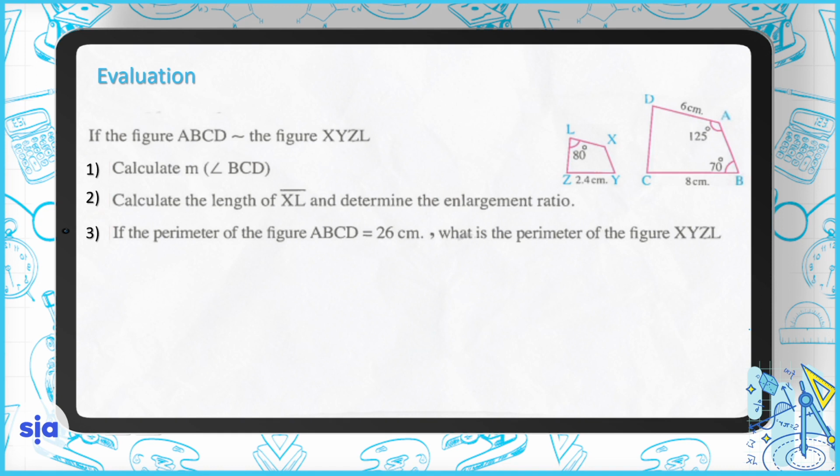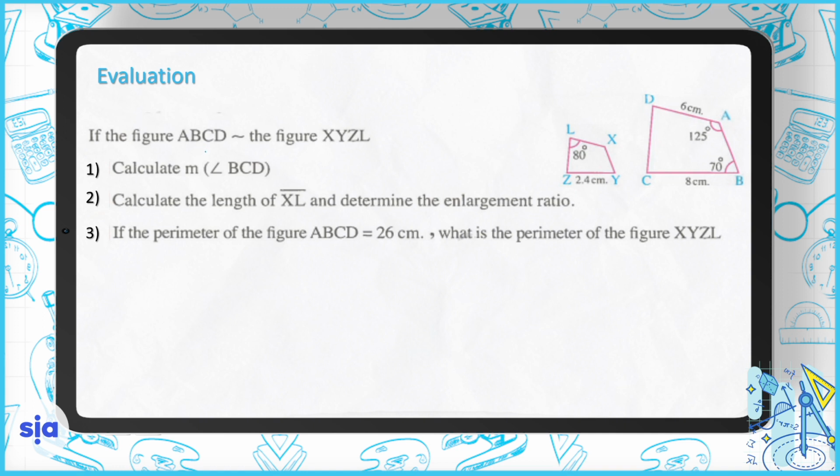Let's now go to the evaluation part. Dear students, I recommend that when you see the question, pause the video, try to answer the questions yourself, and then play the video again to check your answer. In this figure, ABCD is similar to XYZL. The first part wants me to find the measure of angle BCD.